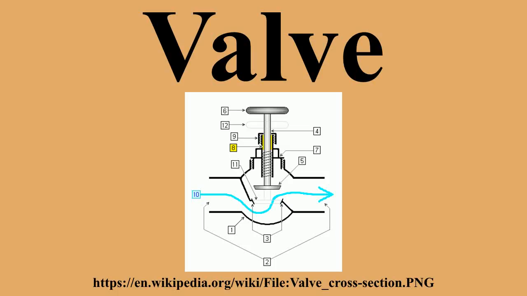A closed soft-seated valve is much less liable to leak when shut, while hard-seated valves are more durable. Gate, globe, and check valves are usually hard-seated, while butterfly, ball, plug, and diaphragm valves are usually soft-seated.